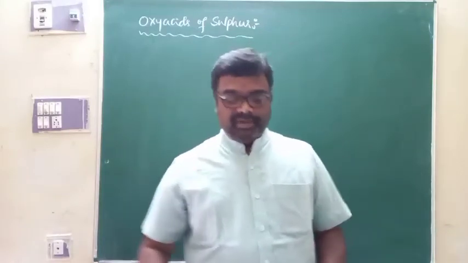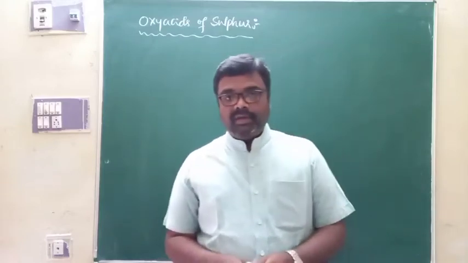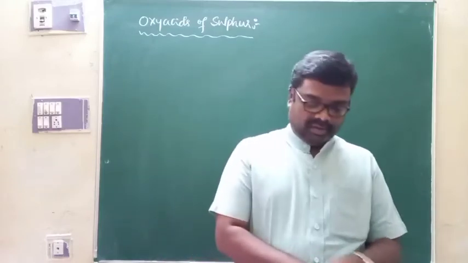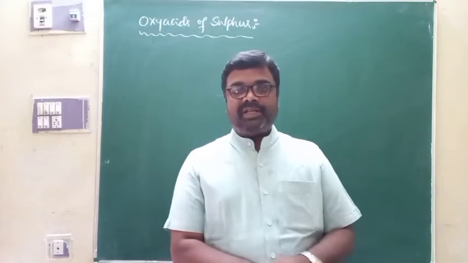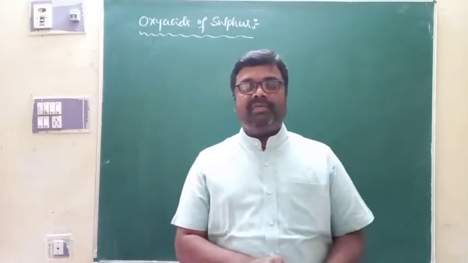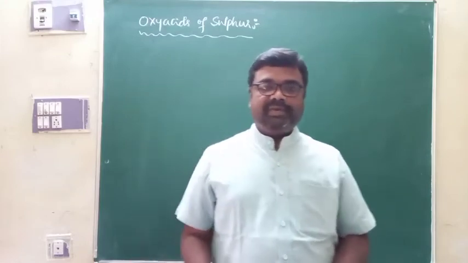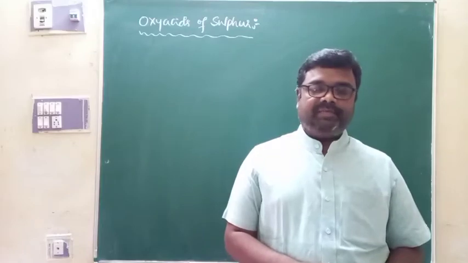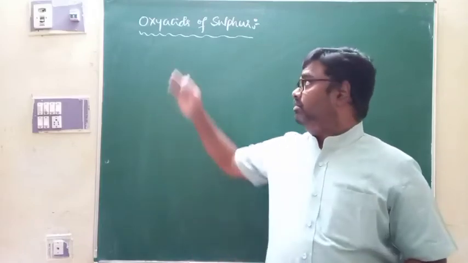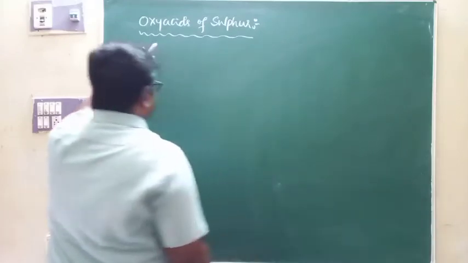In the previous video we discussed sulfur and its compounds, wherein we studied sulfur dioxide, its preparation and properties, and also the structure of sulfur dioxide. Apart from that, you studied sulfuric acid, its preparation and properties. Now we have the last topic in group 16, that is oxyacids of sulfur.